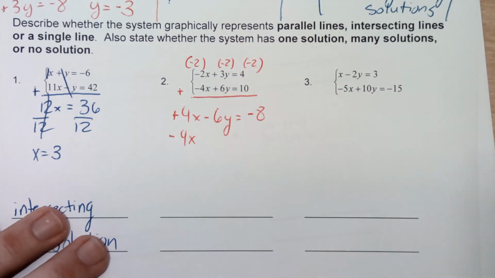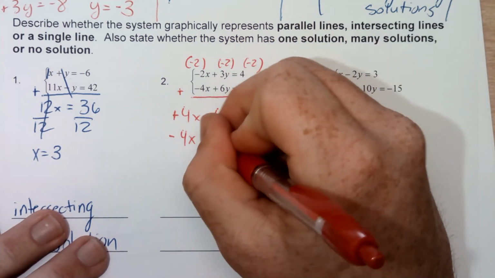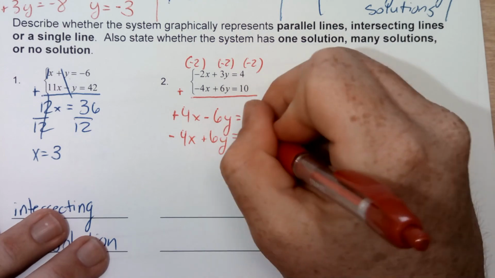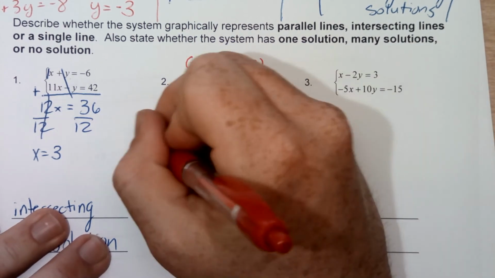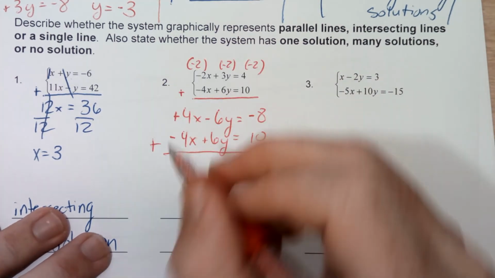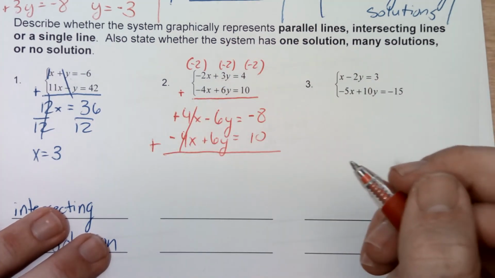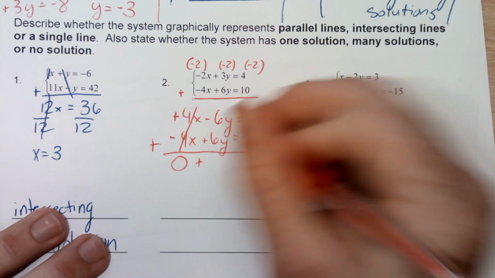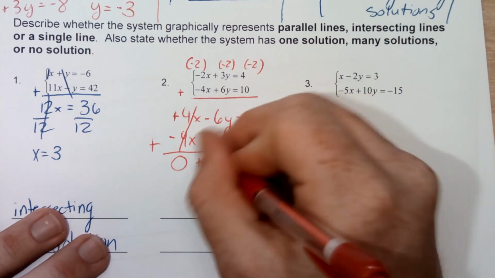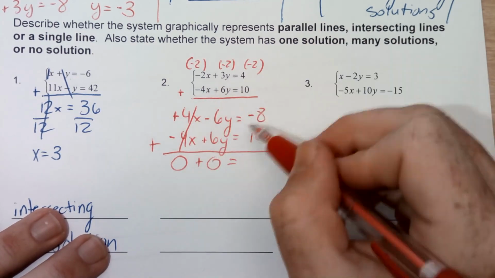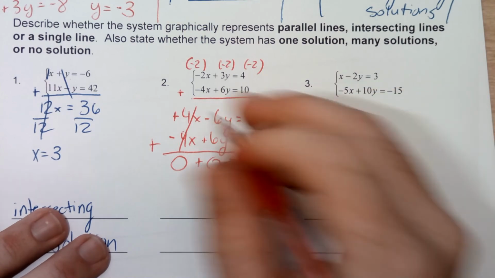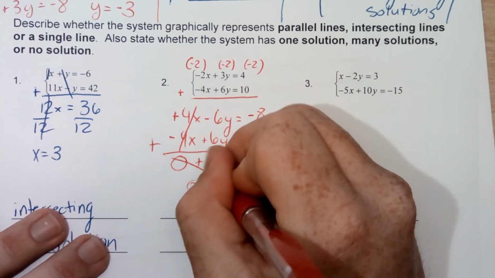Negative 4x plus 6y equals 10. And now I can add them together. Okay. So 4x minus 4x is 0. Those cancel out. So that's 0 plus negative 6y plus 6y is 0 equals negative 8 plus 10 is 2. So those cancel out. I get 0 equals 2.